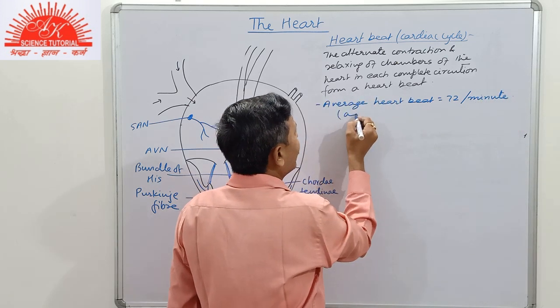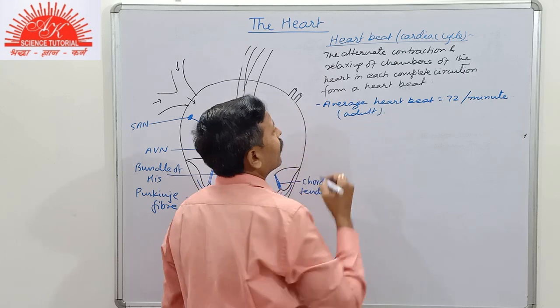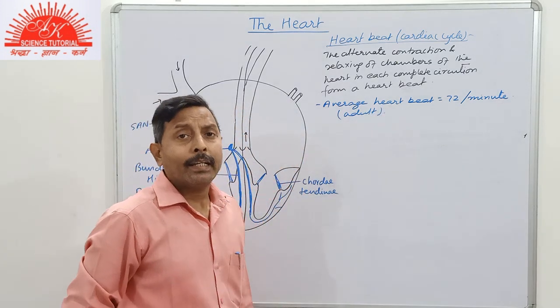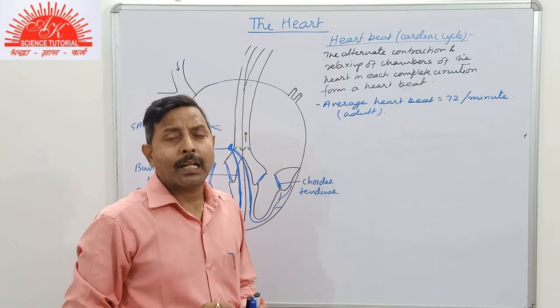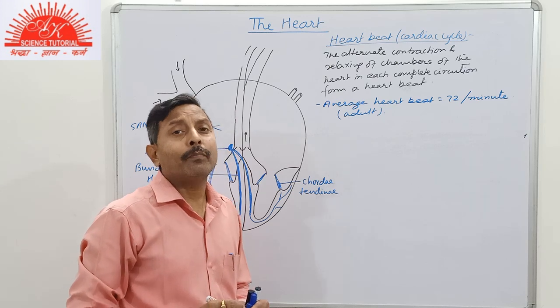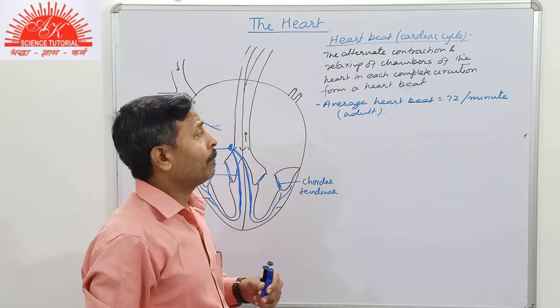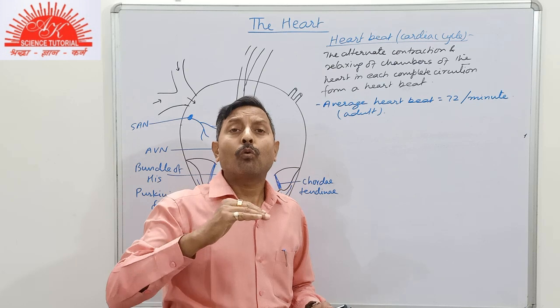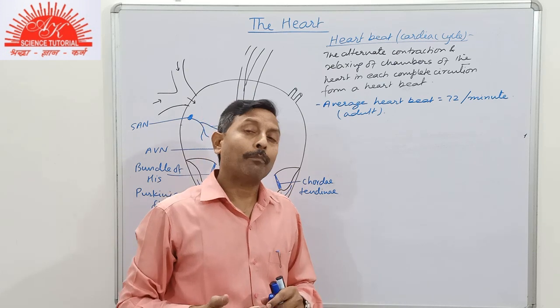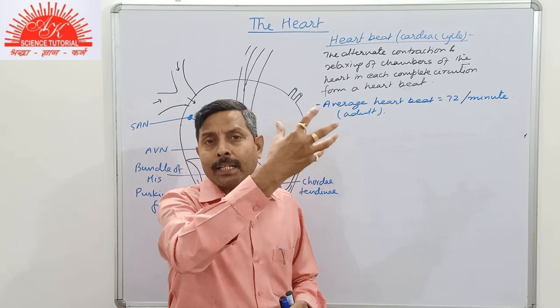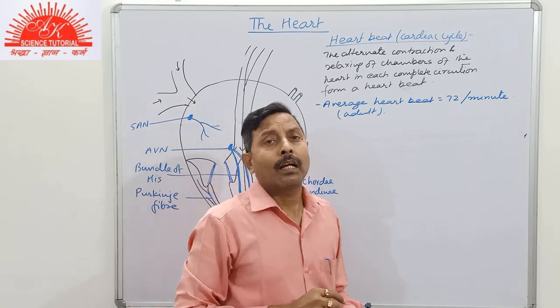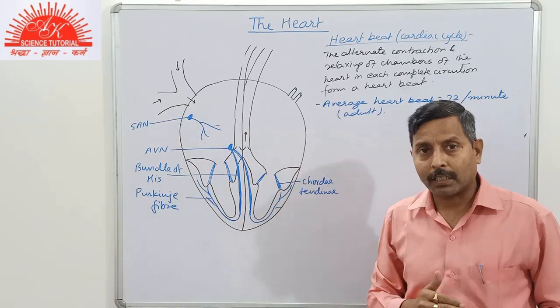That is in adults. In a growing child, that is infants, newborn babies, it may be up to 140 per minute. Now the smaller the body size, the higher is the rate of heartbeat.